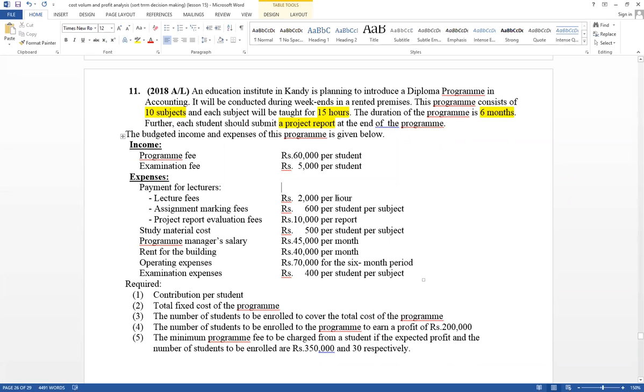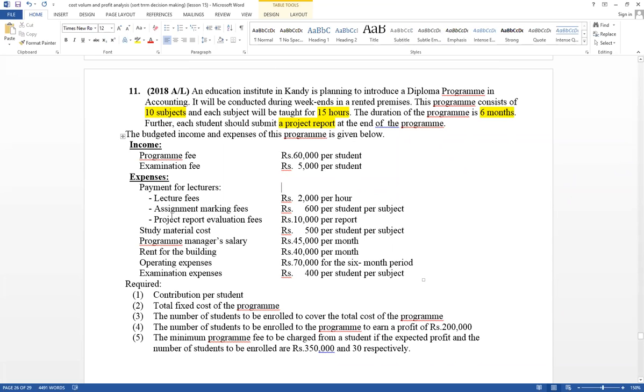Lecture fee is 2,000 per hour, but the total fixed cost will be calculated. 15 hours will be taught for each subject, 10 subjects available, but lecture fee does not vary with the number of students. Therefore it is not variable. Think about the total lecture fee. Students ලා වැඩි වුණත් අඩු වුණත් lecture hour එකට ගෙවන ගාණ වෙනස් වෙන්නේ නැහැ. Therefore that is a fixed cost, but the total value should be calculated.